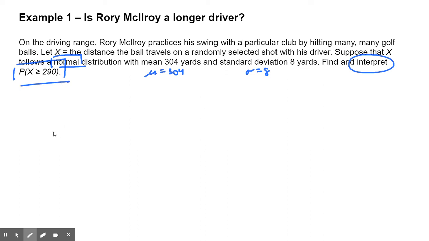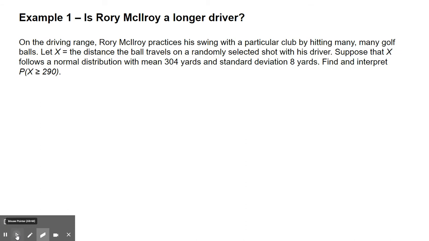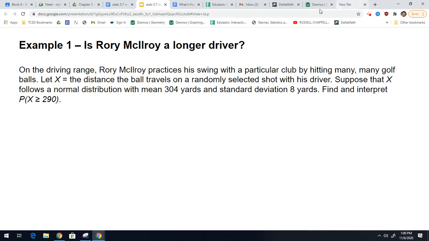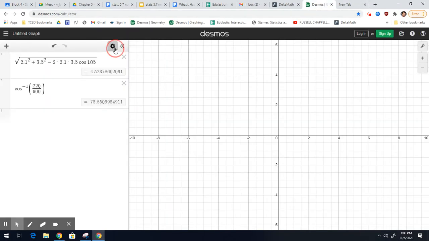The first thing I want you to do is get the z-score. This is the x value you get. To find your z-score, we take the x minus the mean and divide it by the standard deviation. I'm going to do this in the graphing calculator to show you exactly how to put this in. So in the Desmos graphing calculator, let me erase all this.